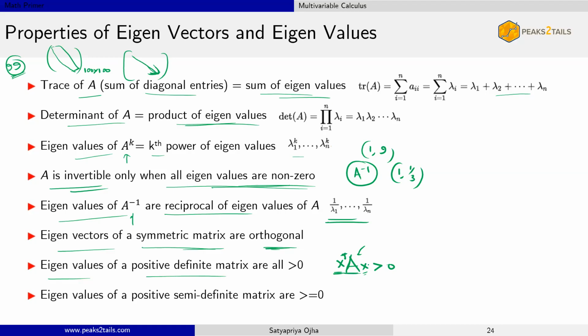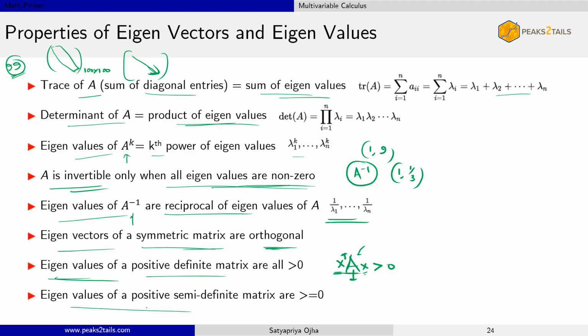The easier way to prove this is to just take A. If all the eigenvalues are greater than zero, it is a positive definite matrix. That's easy, right? Just calculate all the eigenvalues, and if they're all positive, then the matrix is positive definite.